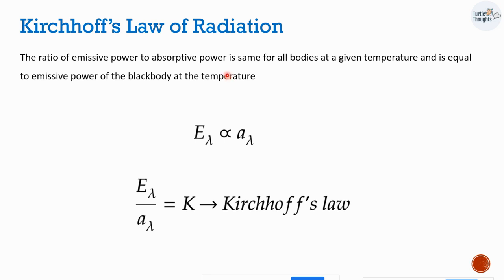Or you can say the absorptive power is directly proportional to the emissive power. If emissive power is taken as E lambda and absorptive power is taken as A lambda, when you divide E lambda over A lambda, you will get the value of K, which is a constant. And that K is the emissive power of a black body at that particular temperature.